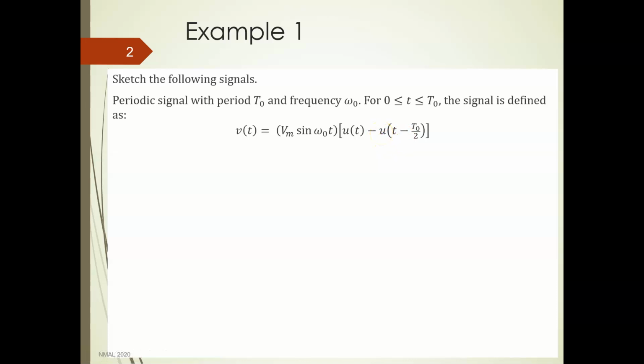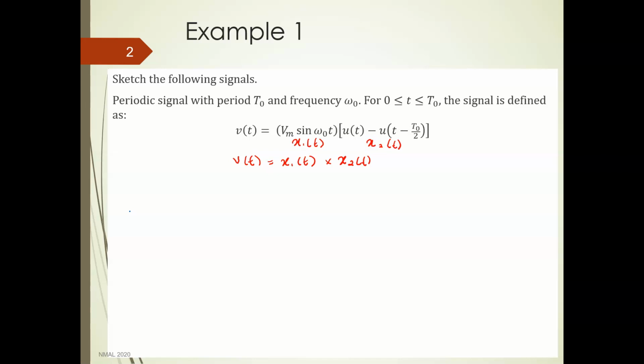So if we see here, there are two signals. The first signal is x1t, and the second signal we put as x2t. Suppose here Vt is equivalent to x1t multiplied by x2t.